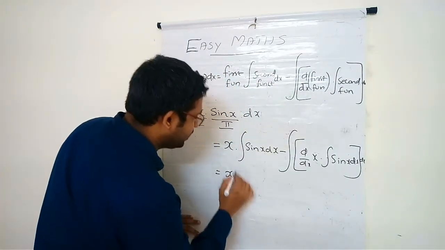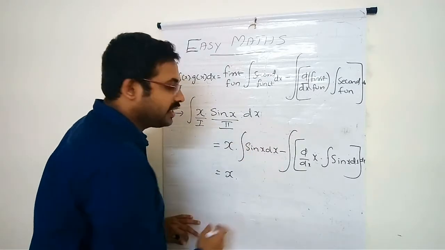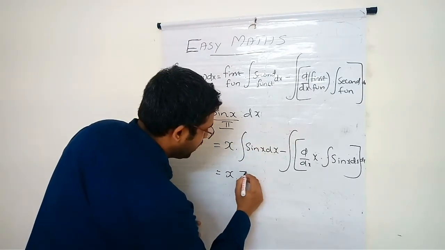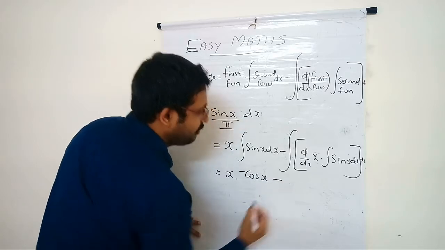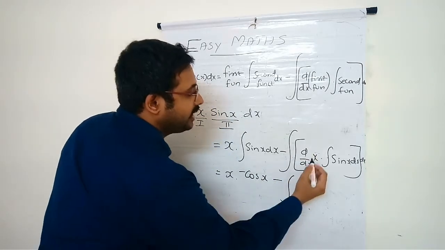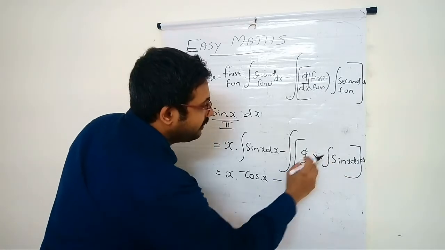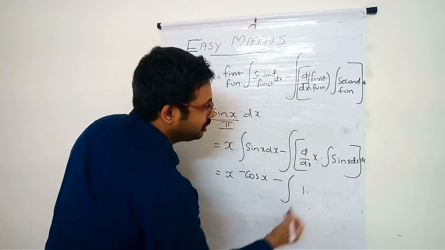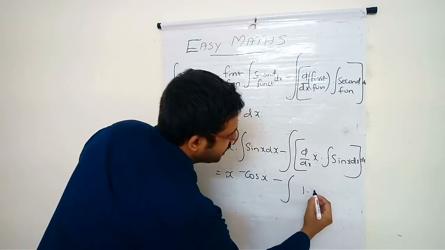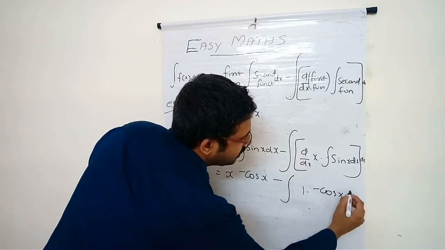That is equal to x into, apply integral. What is integral sin x? That is minus cos x, minus integral of derivative of x. We want to simplify this bracket first. Derivative of x is 1 into integral sin x, which is minus cos x, dx.